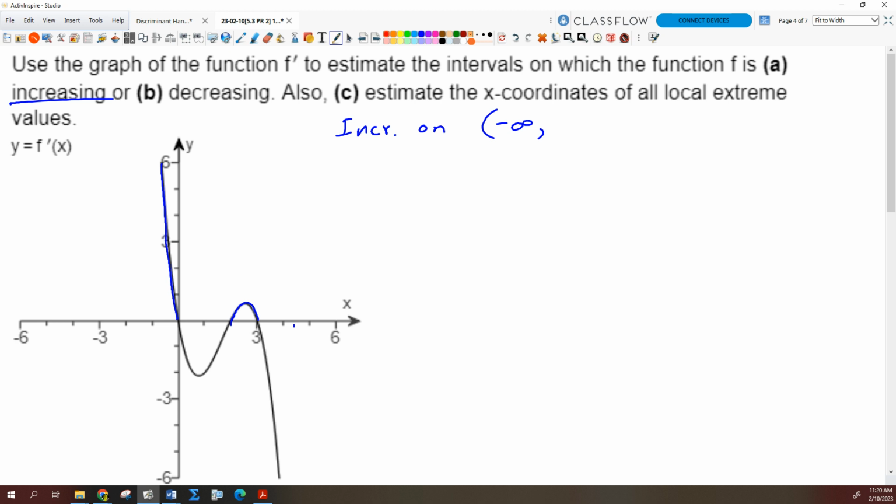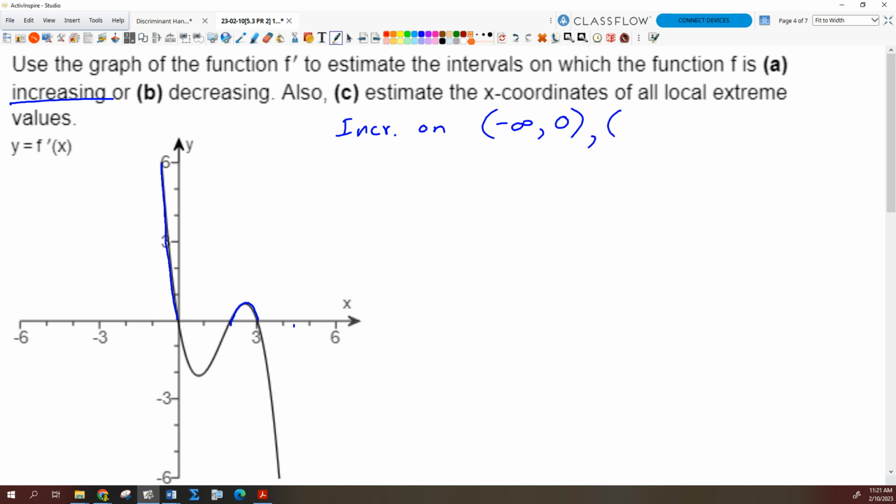Negative infinity to 0, bracket or parentheses? Parentheses, right? Because it's not increasing at 0. At 0, the derivative is 0, right?